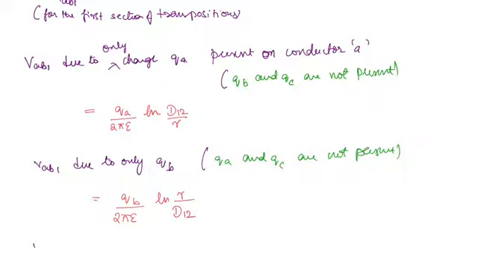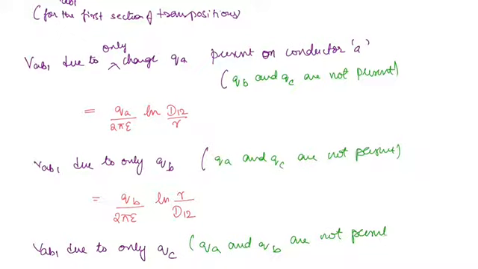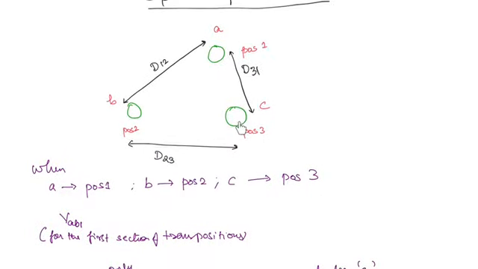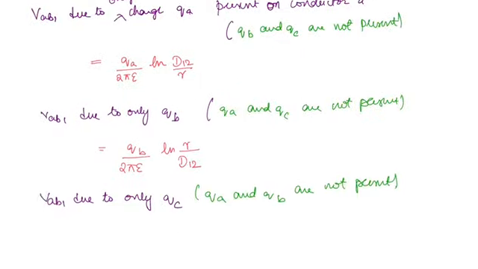Then finally VAB1 due to only QC while QA and QB are not present. Here you can see the charge is present here. From A to B, the final distance is D23 and the initial distance is D31. So you are going to get ln D23 by D31.